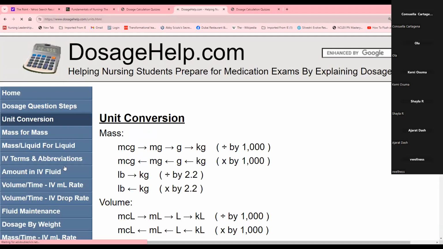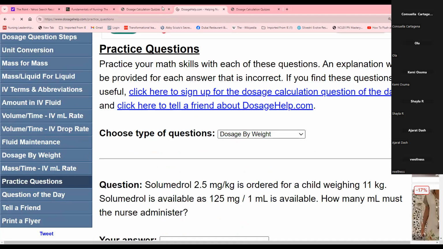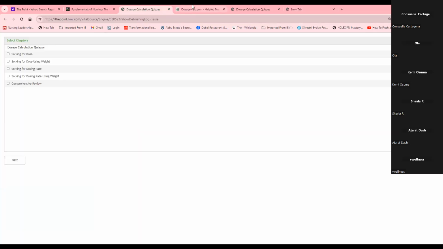What about reading the labels? Because sometimes I get confused with reading the labels. Okay, can you go back to that so I could take a picture of that? What was that? The centimeters or something?